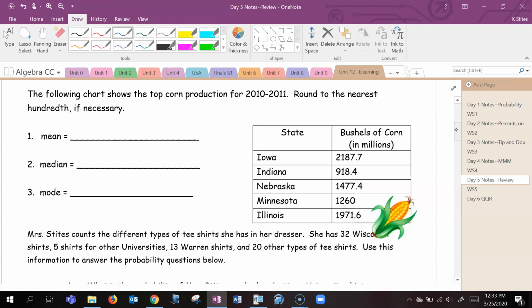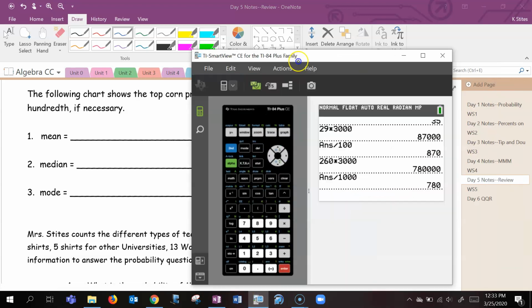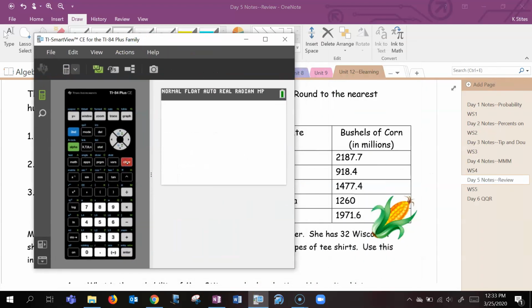Mean, if you remember, we're going to add up all of our numbers and divide by how many numbers there are. This chart shows the top corn production for 2010 to 2011. And you'll notice that there are 5 states represented, so we will be dividing by 5 once we add all of this up. Let's go ahead and add.